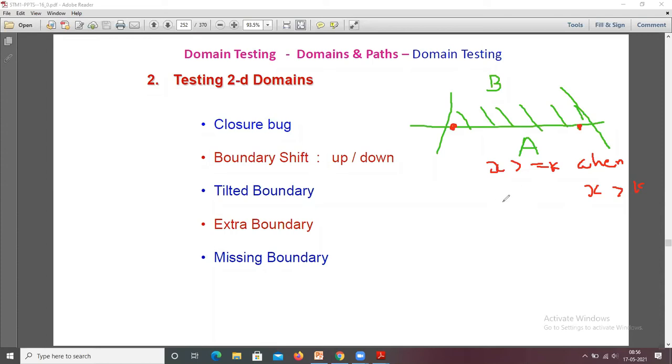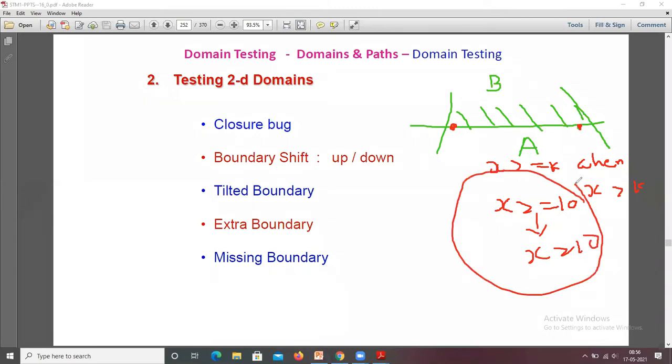For example, we are going to check x greater than or equal to 10, but instead if you write x greater than 10 only, then this bug is called a closure bug.